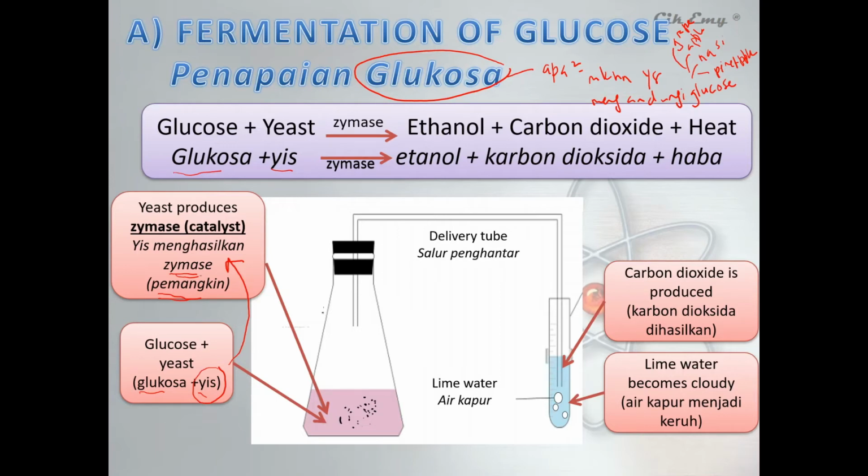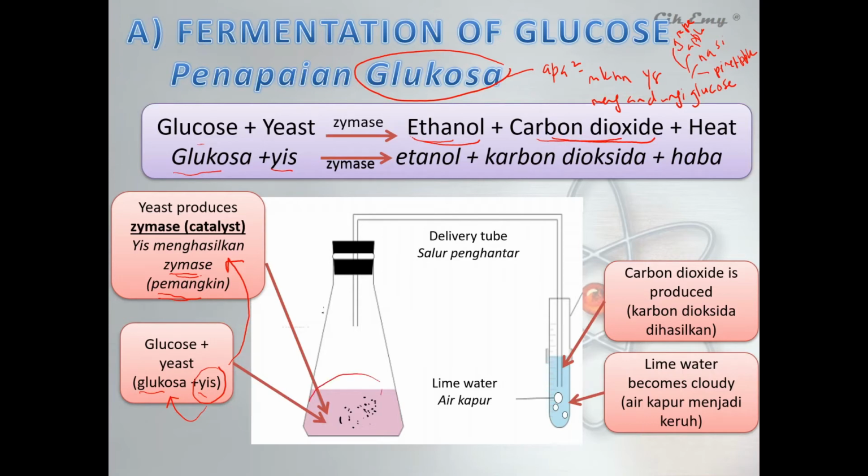Zymes ni dia mempercepatkan proses penapaian. So apabila kita masukkan yeast, yeast will convert glucose into ethanol and carbon dioxide. Bila kita masukkan yeast ke dalam glukos, dia akan menukarkan glukos ni kepada etanol dan juga carbon dioxide.